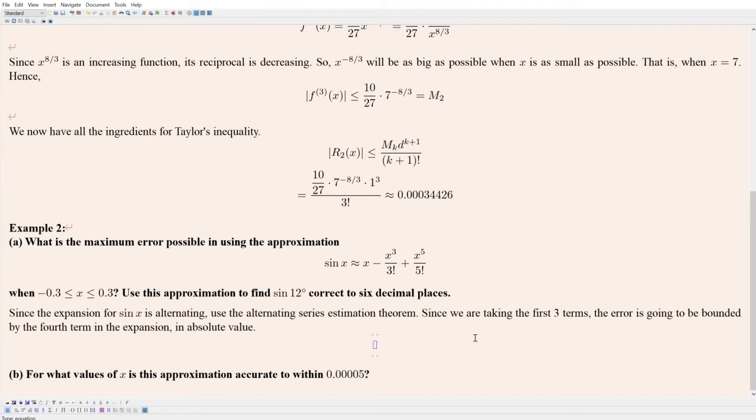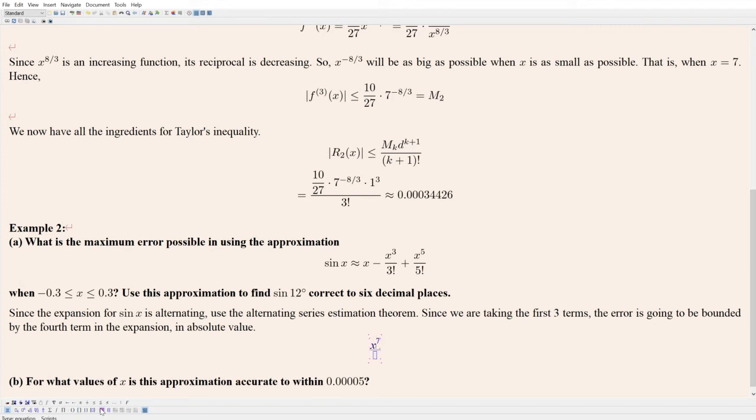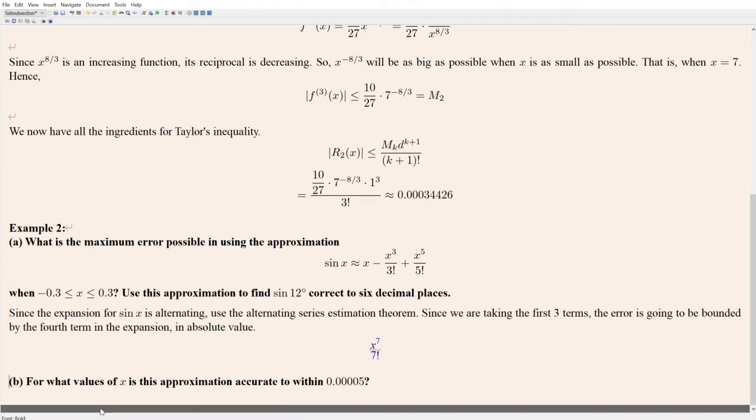So the error is going to be bounded by the next term in this sequence, which would be x to the 7 over 7 factorial. Now, since we are assuming that x is positive, the largest that x can possibly be is 0.3.